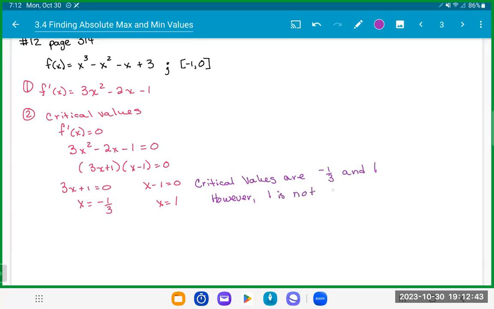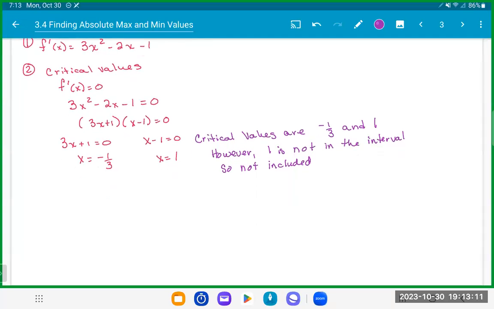It's not in that interval. So it is not part of the solution. It would not be a critical value. It is not in the interval, so not included. I'll put that here. Just as a little side note.